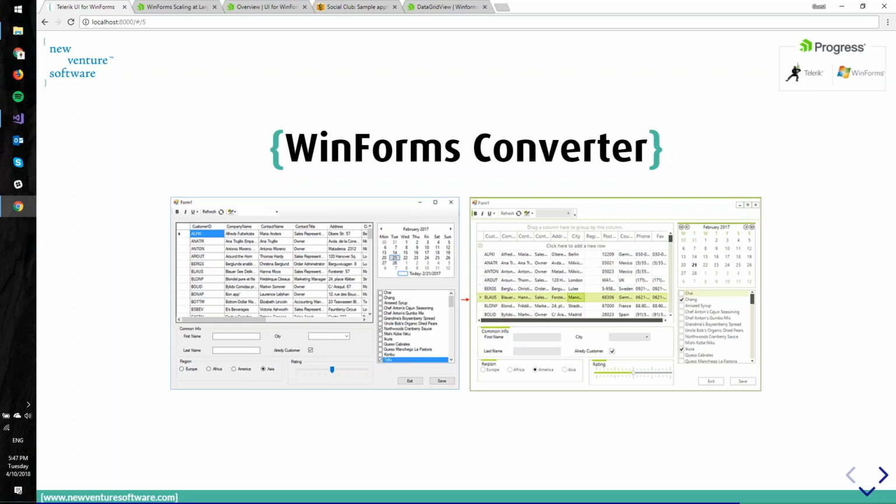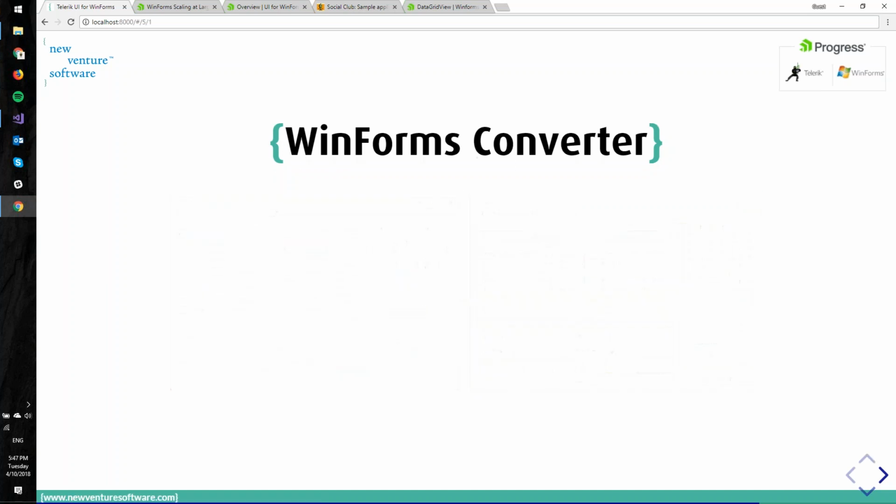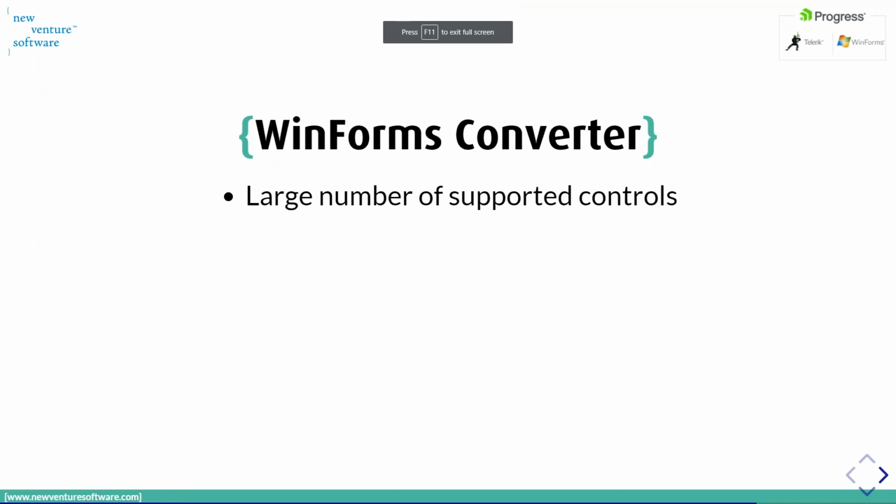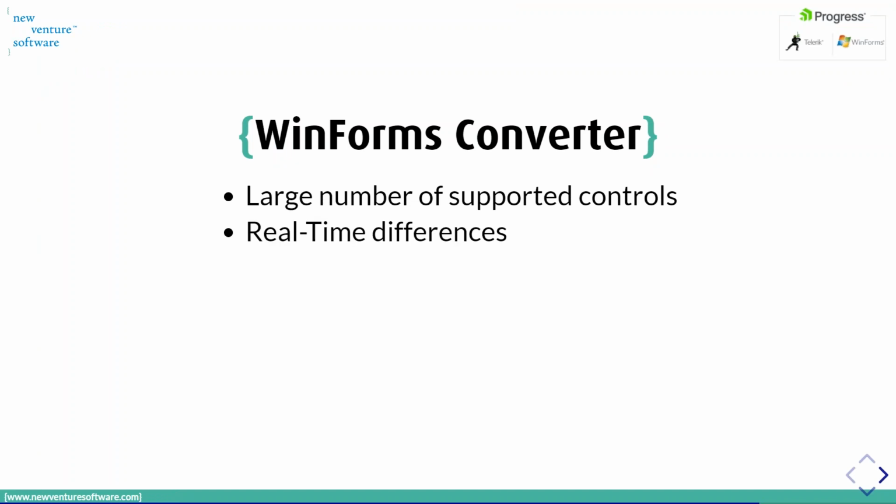You can use the WinForms converter that the Telerik guys have created. So the WinForms converter has a large number of supported controls. It's using the Roslyn compiler, and it's very powerful. It doesn't simply replace some strings, but it knows what your code is doing, and it can to a high degree convert your application without pain and suffering.